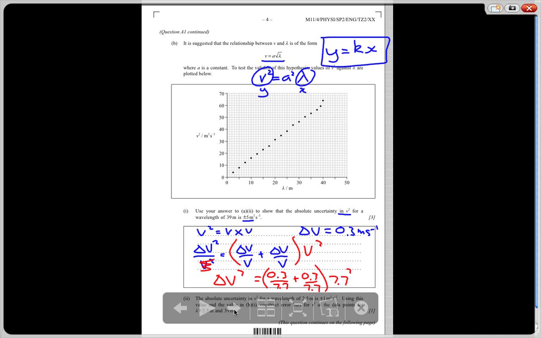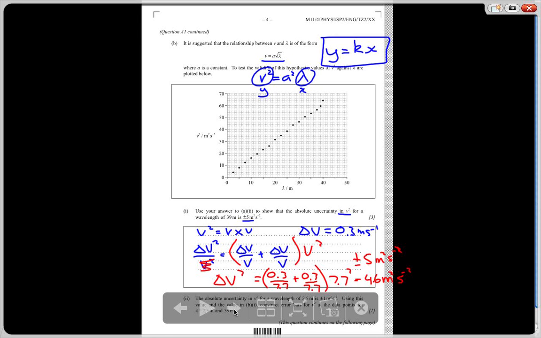When we do that, we get a value of about 4.6 meters squared s to the minus 2 squared, because this is obviously a squared value. And that becomes your plus minus 5 when you do it to one significant figure.